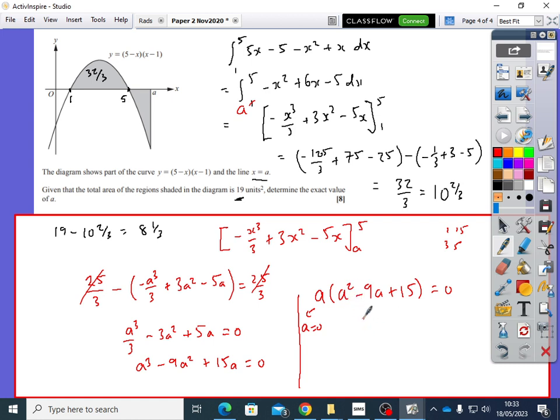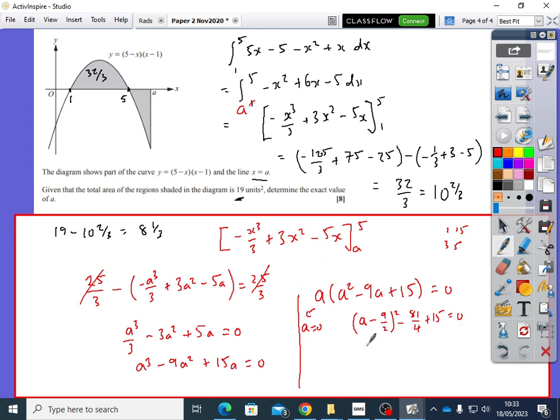So that's going to give me a minus 9 over 2 squared, take away that squared, which is going to be 81 over 4 plus the 15 equals 0. So minus 81 over 4 plus 15 is minus 21 over 4, which I'm going to take to the other side.